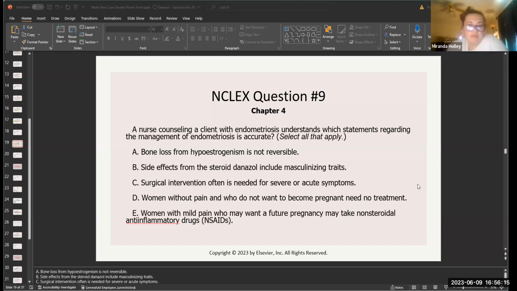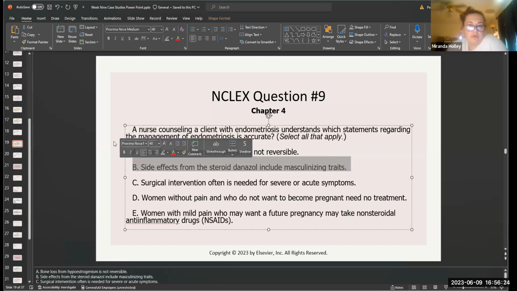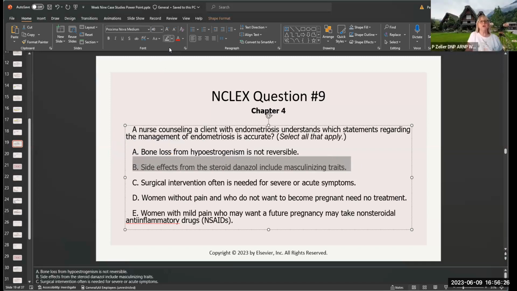C. Yes, so this is a drug that we use to reduce estrogen's release. Okay, it reduces the estrogen levels, which help reduce the endometriosis.